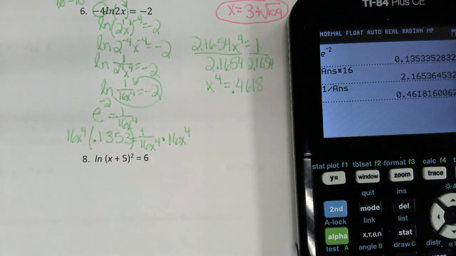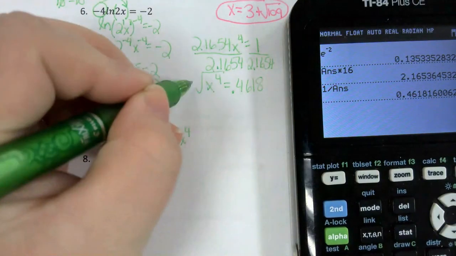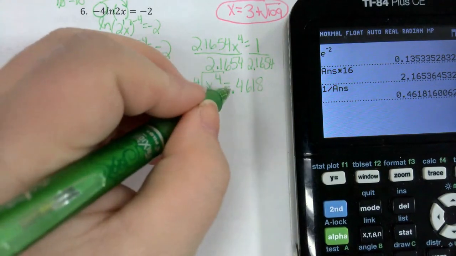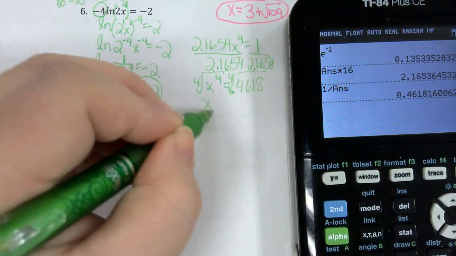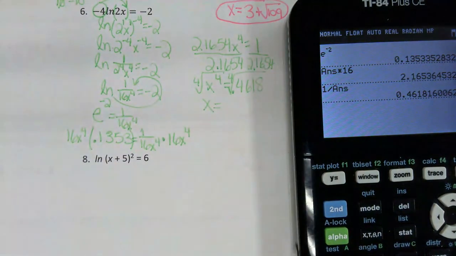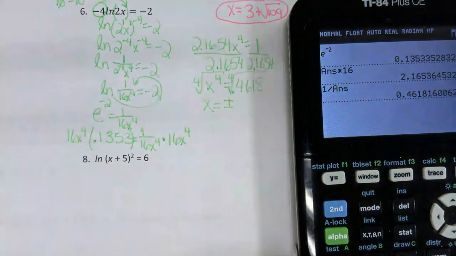To get rid of something to the fourth power, we'll need to take the fourth root of both sides. So x will now be alone. And since I took an even root, I need to put a plus or minus sign in front of my answer.